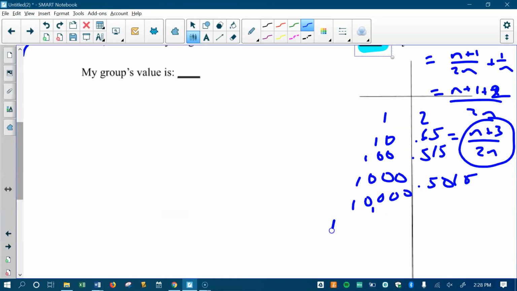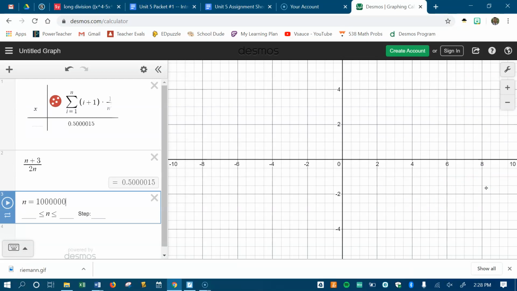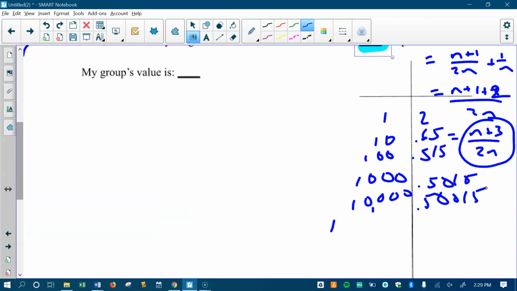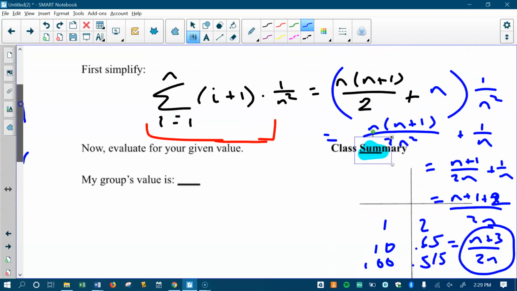Ooh, hello. We get 0.50015. Okay, so we can see that the zeros are adding on here in between the 5 and the 15. So you can write those in.